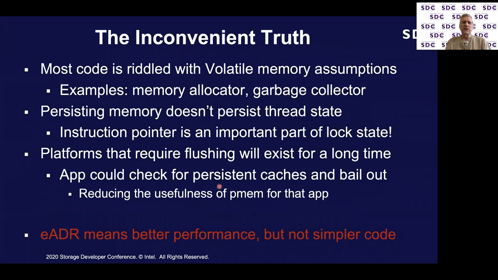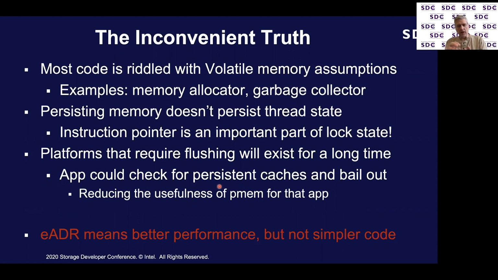So the inconvenient truth, in summary, is that most code that's written for volatile memory is riddled with volatile memory assumptions like memory allocators or garbage collectors. And persisting the memory doesn't persist the thread state like the instruction pointer and the stack. And that's an important part of a lock state.